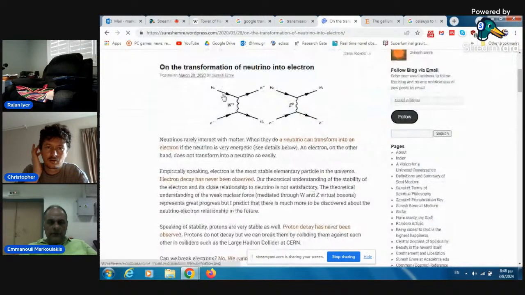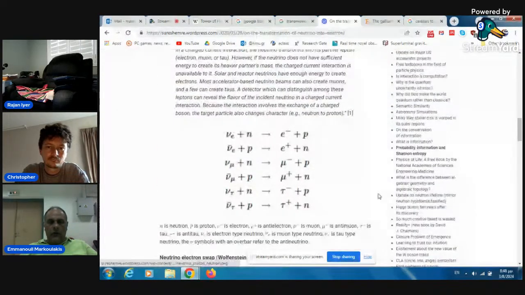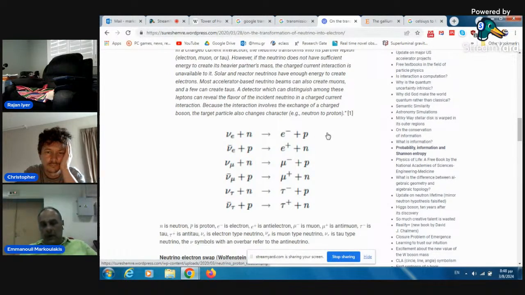So here are all the possible reactions. If you have an electron neutrino, it reacts with a neutron from the gallium. It releases from the gallium an electron, and the neutron turns into a proton, and this is the reaction we are interested in. This one is responsible for transforming the gallium to germanium.